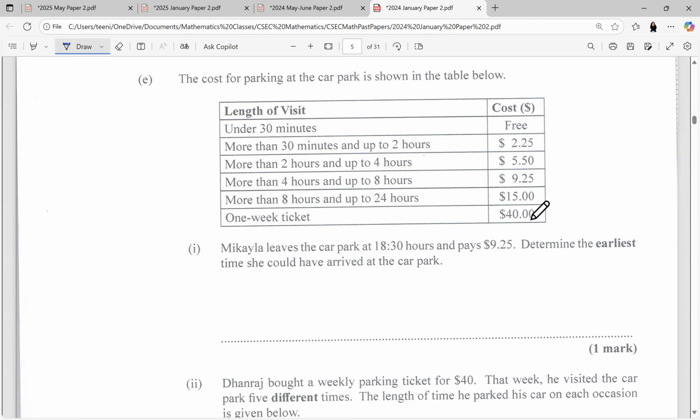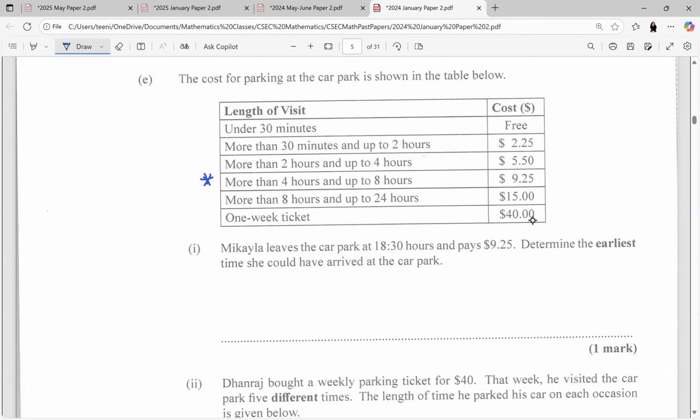So to pay $9.25, guys, how much time would she have spent? Which category would she have fallen in? How much time would it be if she paid $9.25? 4 hours and up to 8 hours. Good. So we're looking at this category here, right?